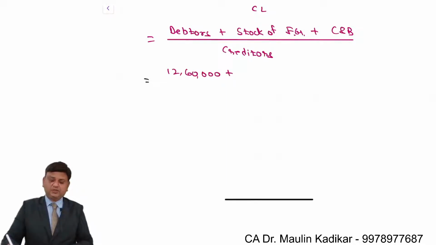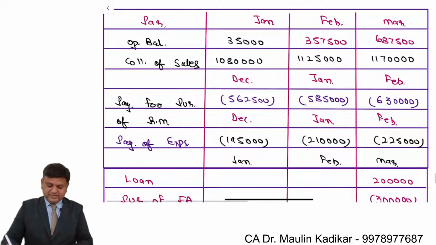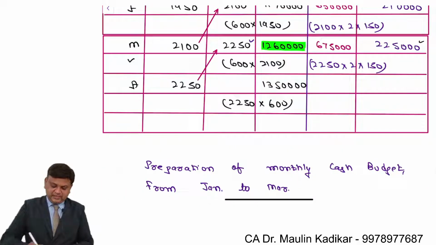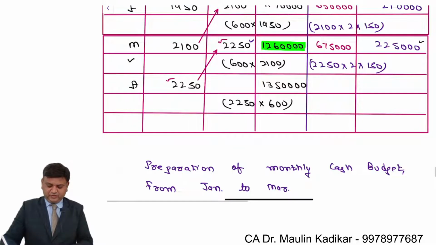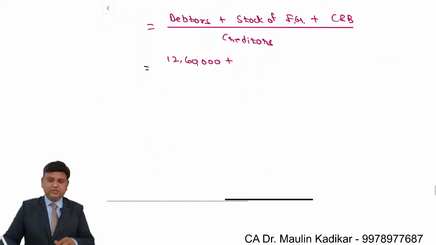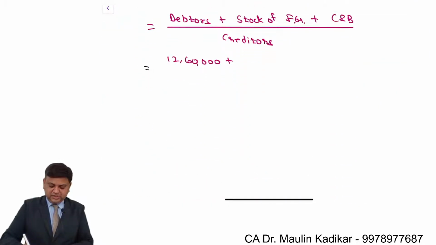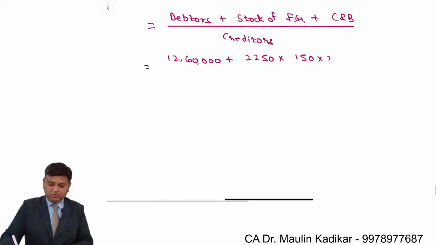plus stock of finished goods. We understand that whatever we are going to sell in the month of April, that we produce in the month of March. How many number of units? 2250. So the closing stock of the finished goods is 2250, this is in the units term. However, we have to compute the cost. 150 is the cost of raw material into 2.